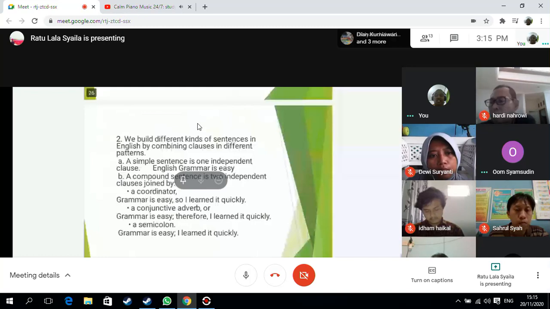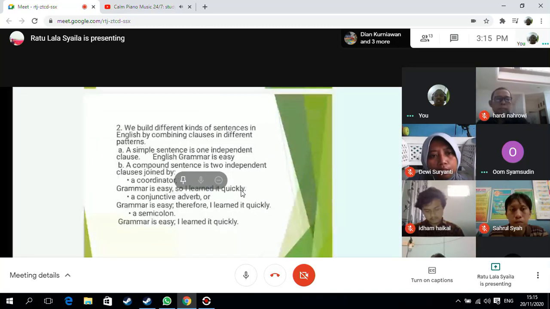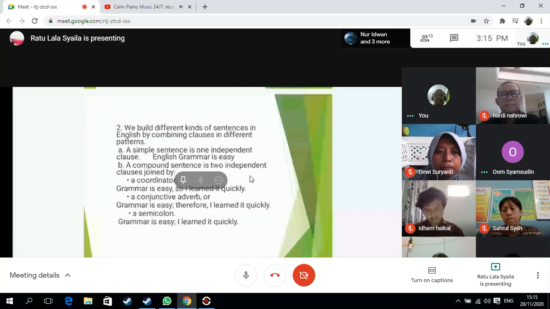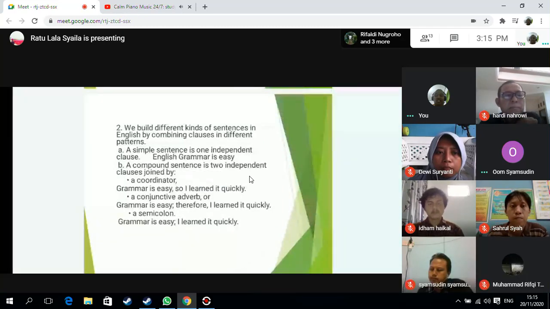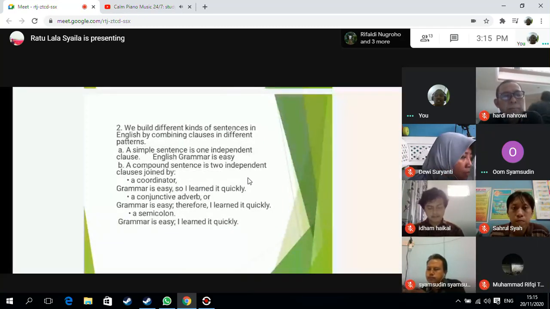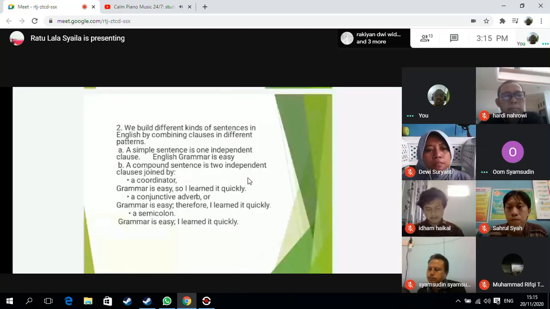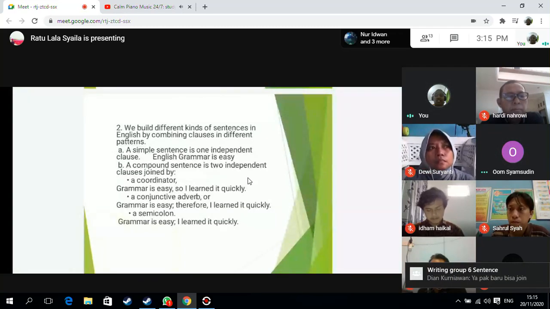We build different kinds of sentence in English by combining clauses. So the first is simple sentence, which is one independent clause. English grammar is easy. Then compound sentence is two independent clauses joined by a coordinator. For example, grammar is easy, I learned it quickly.